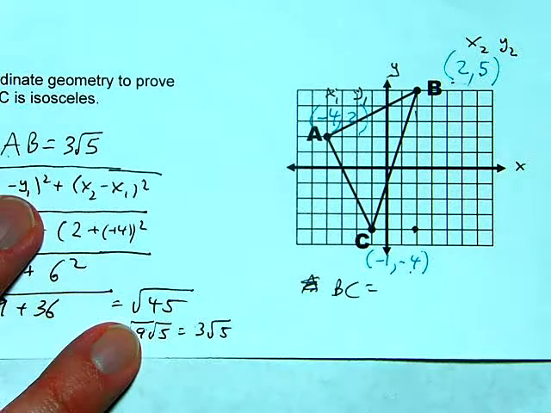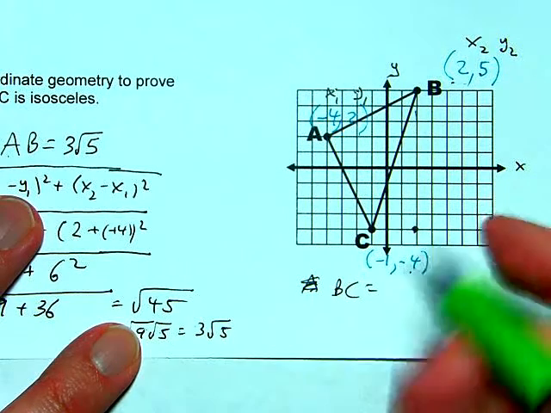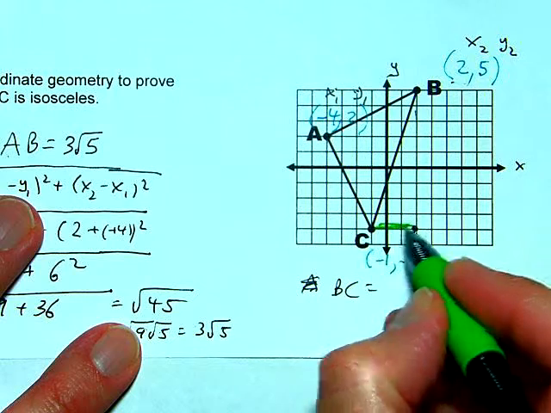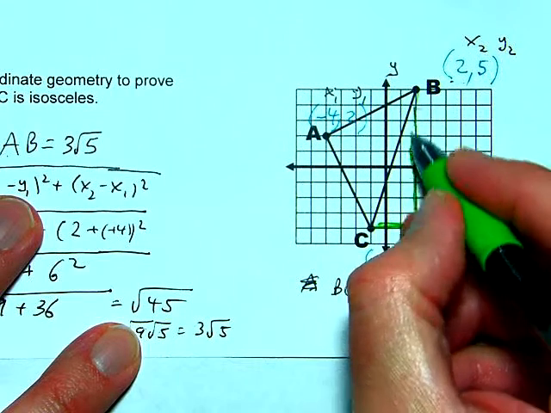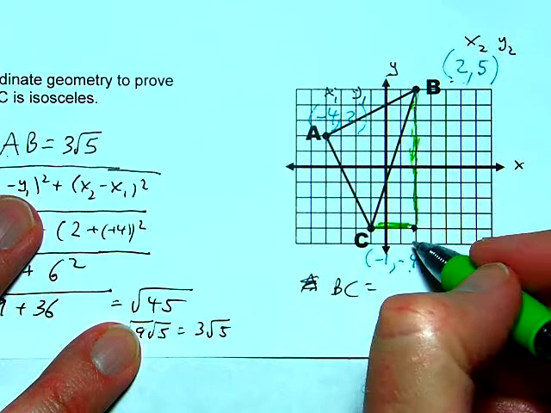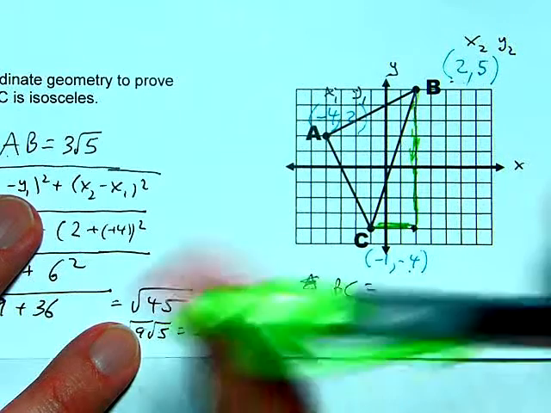Either way, we will end up with our right triangle, which is like this, and we can now use the Pythagorean theorem to calculate BC.